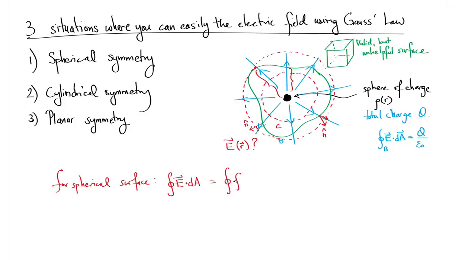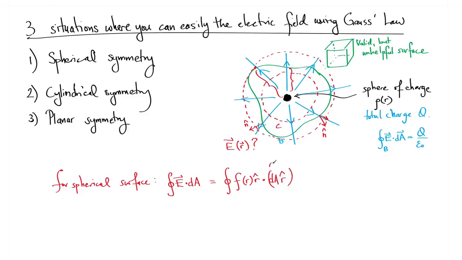it's some function. Maybe this thing isn't going to quite be like a point charge. I mean, it turns out it is, but all we need to assume is that the electric field is some function f of R times R hat, dotted with the surface normal dA, R hat, right?